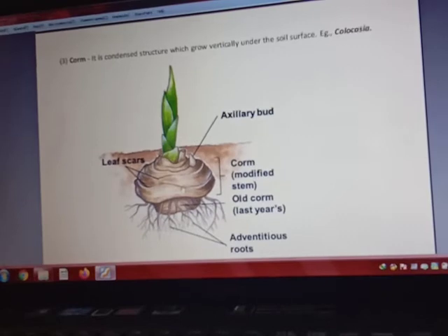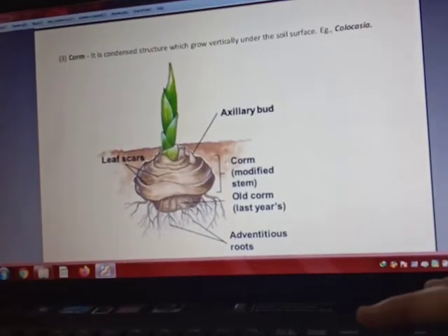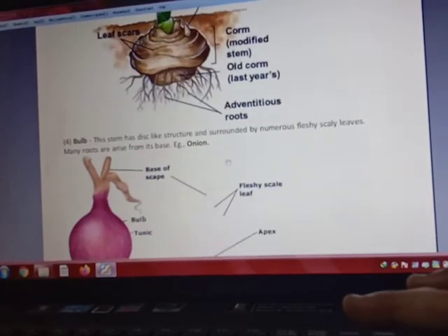Okay, you can see here also, here it is written corm, modified stem. It is a full corm. Okay, and it is a stem. From the stem further leaves or buds are arising. All right, and it is the stem which is modified into a corm for the storage of food. For example, colocasia. It is the name of a plant, and in that it is the corm modification.